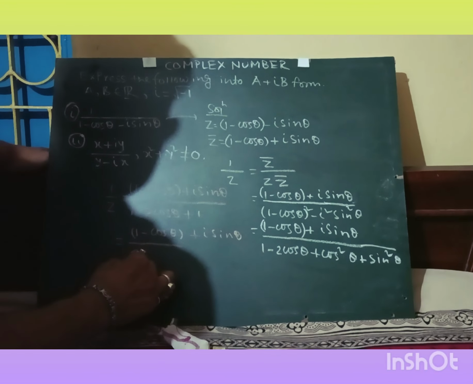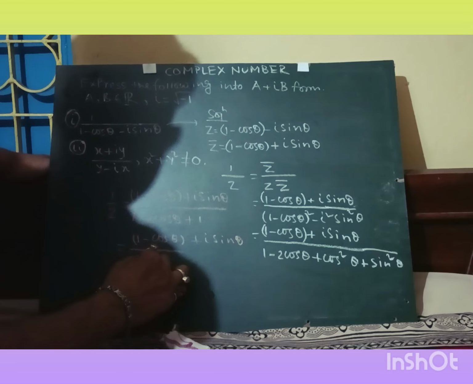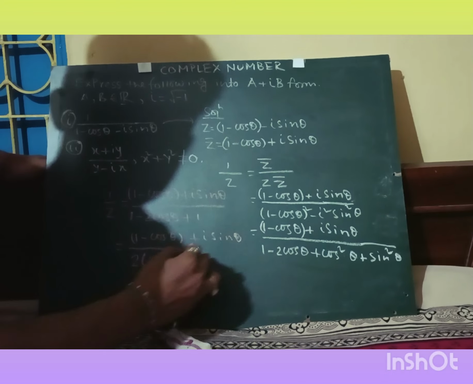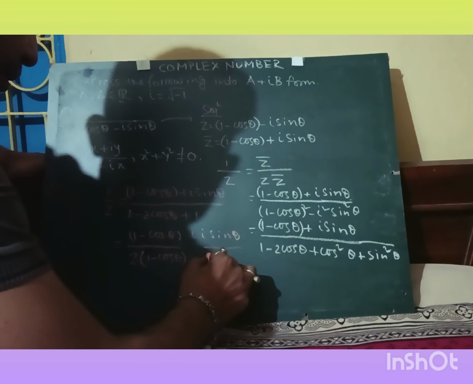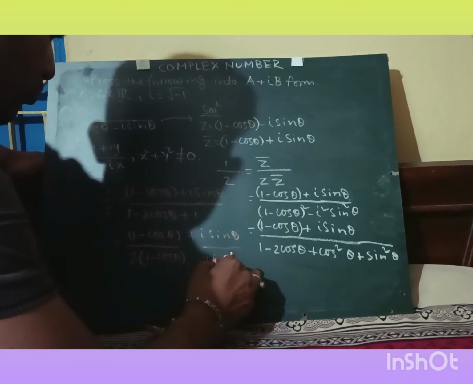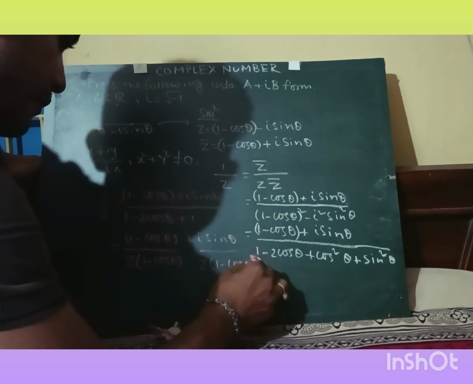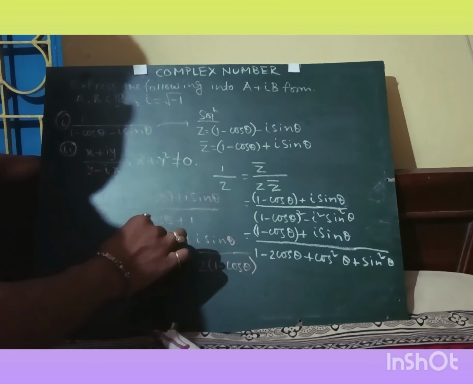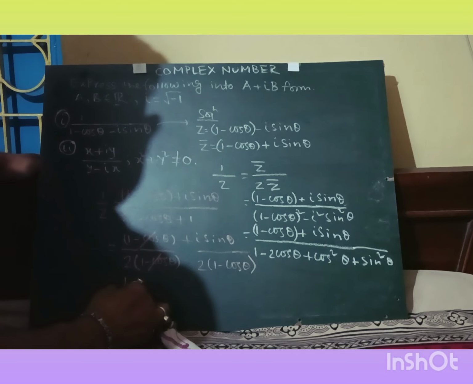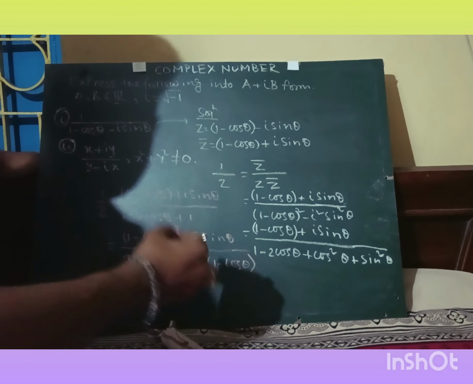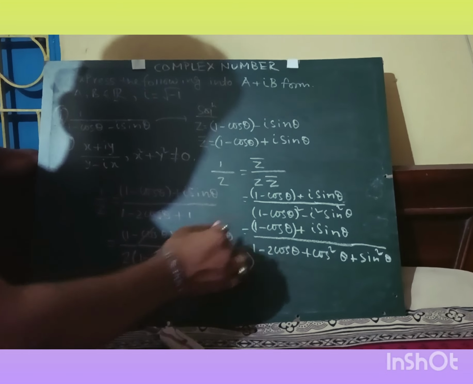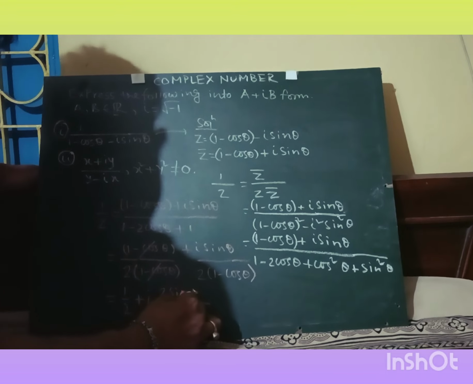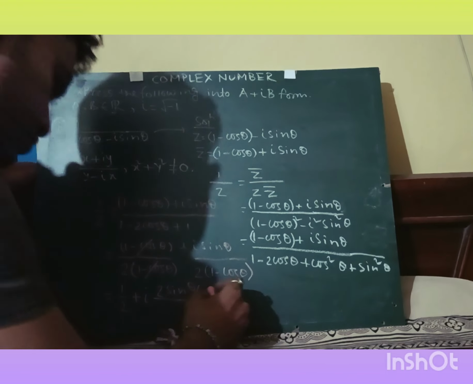If we take 2 as common, then it will be 2 times (1 minus cos theta), and we write the same in the imaginary part, that is 2 times (1 minus cos theta). Then we apply the formula. 1 minus cos theta and 1 minus cos theta will be cancelled, so in the real part we get half, and plus i sin theta means 2 sin theta by 2 cos theta by 2.